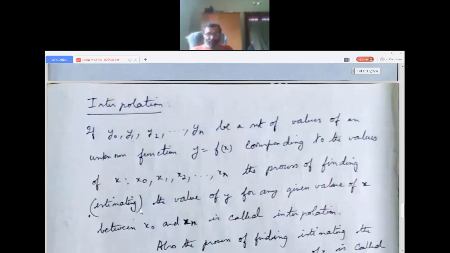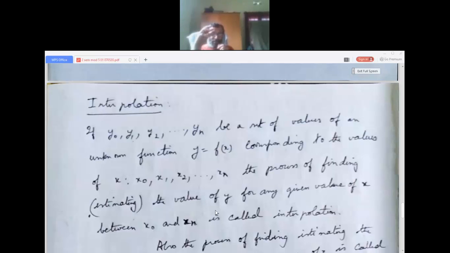The process of estimating or finding the value of y for any given value of x between x0 and xn is called as interpolation.